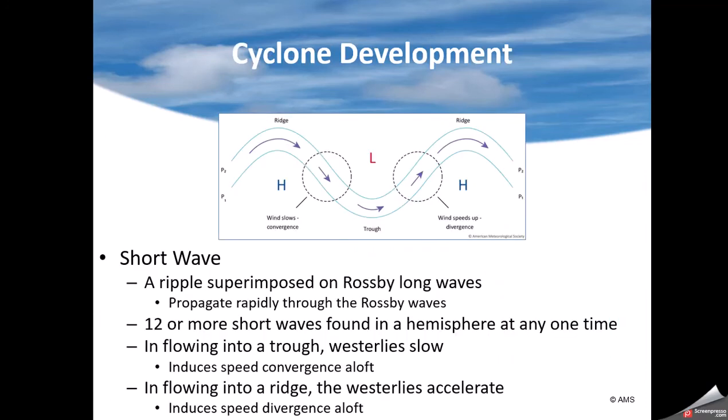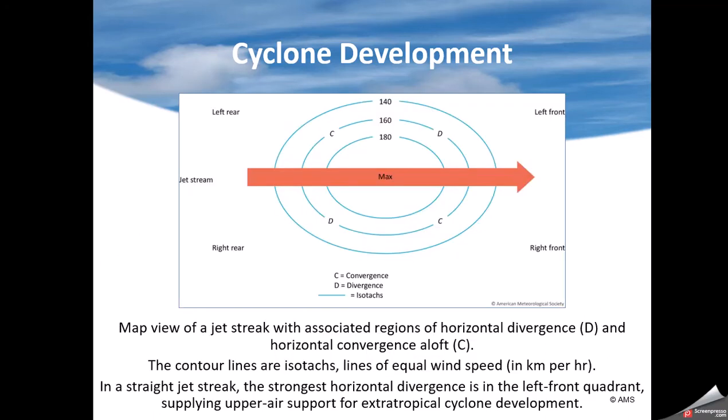One other thing about a jet stream is there's convergence and divergence along it. And they ripple along these Rossby waves, the jet stream does. Divergence is to the left front of the jet streak, and divergence is to the right rear of the jet streak. A jet streak is where just the highest winds are along a jet stream.